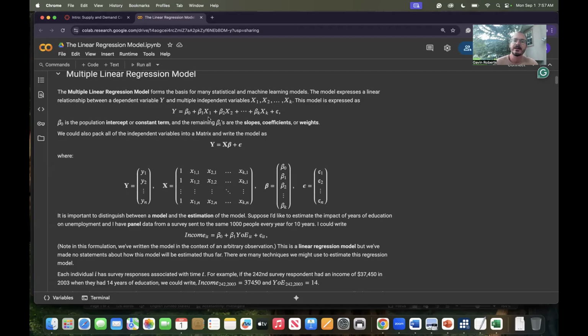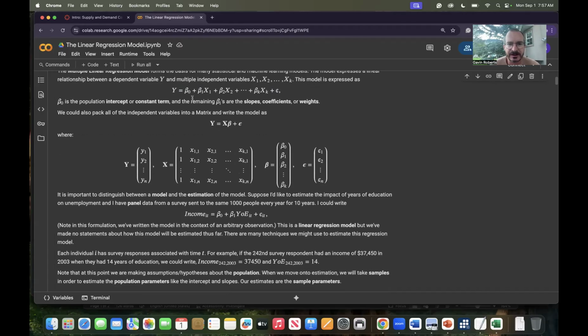Beta 1 is the slope on x1, whatever our first x variable is. And so beta 1 is the population slope. We don't believe that when we're setting up these linear regression population models they are perfect, so we always include an error term, and there are some special characteristics about that error term that we'll talk about a little bit today, but throughout the course.